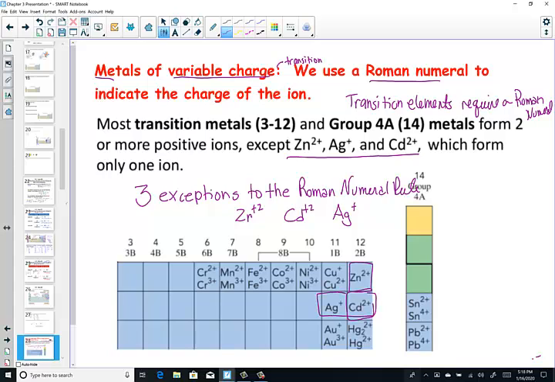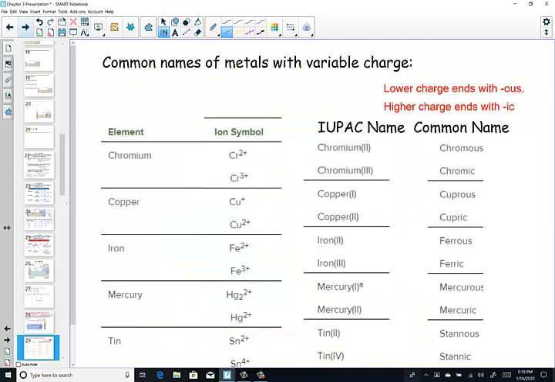Silver, zinc, and cadmium are the 3 exceptions. Every transition metal, all the way over to the border, including tin and lead, requires a Roman numeral in its name. Not zinc, silver, cadmium. So remember, these are all positively charged. They're metals, and metals are always positive.